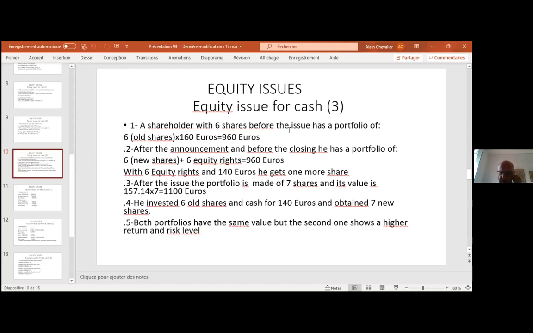Okay, and with 6 equity rights and 140 euros, he has to bring cash again, he gets 1 more share. So let's make the hypothesis. He chooses to do that because, of course, he could have chosen to sell the equity rights also and get cash.